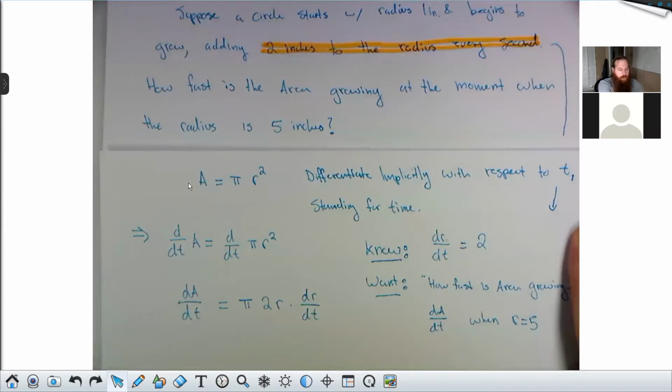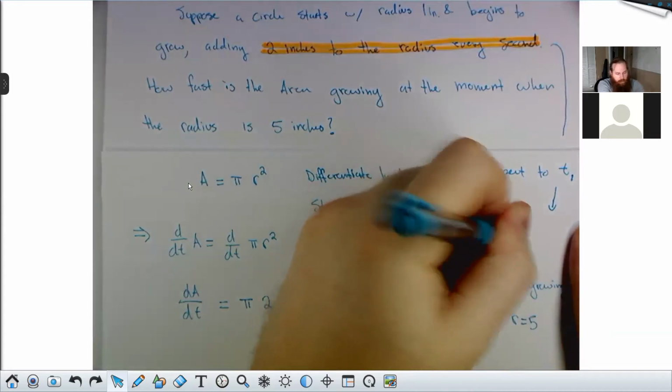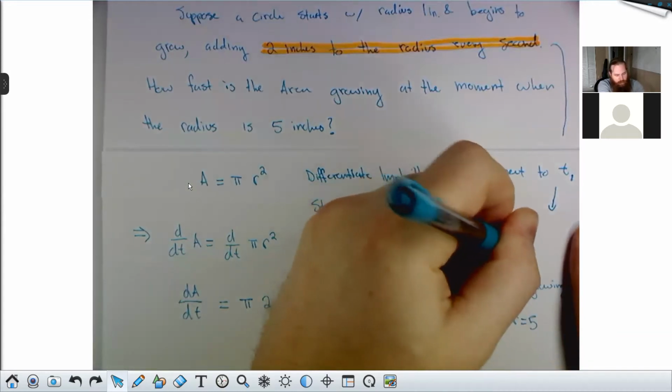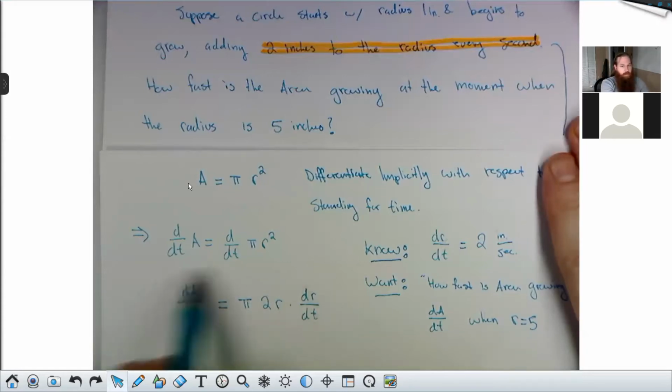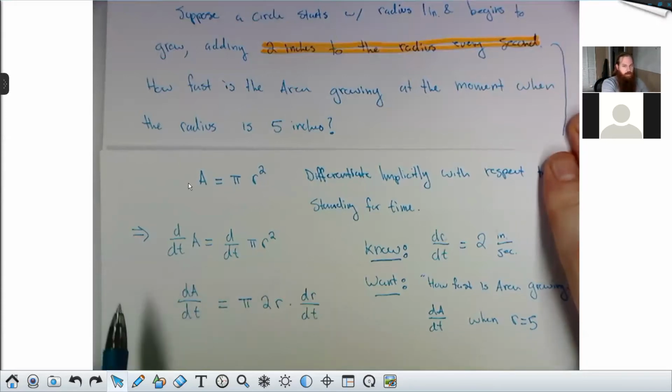That means the radius is growing at 2 inches per second. So I know that dr dt is 2 inches per second. And I know that the moment I'm interested in is the moment when r is equal to 5. So now I can plug those things into this relation and get out dA dt.